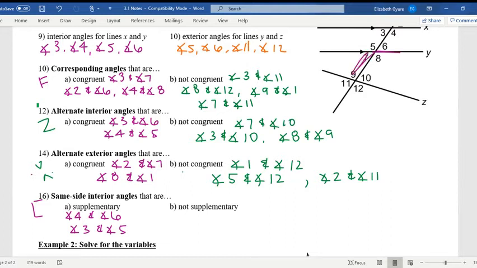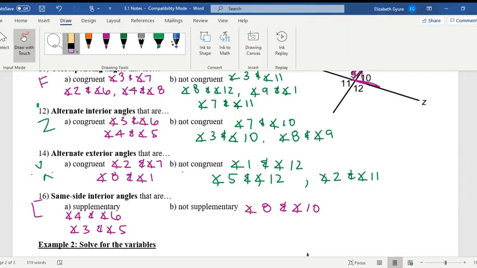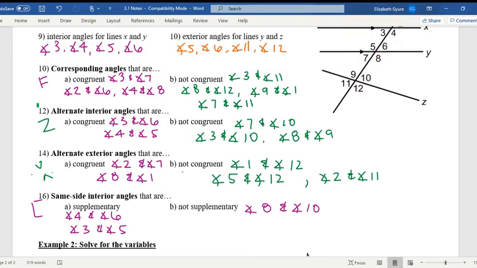You still have your C shape, right? But these lines are not parallel. Good. 8 with 10. Somebody at home, if 8 and 10 works, what else would have to work? Yeah, 7 and 9, exactly.